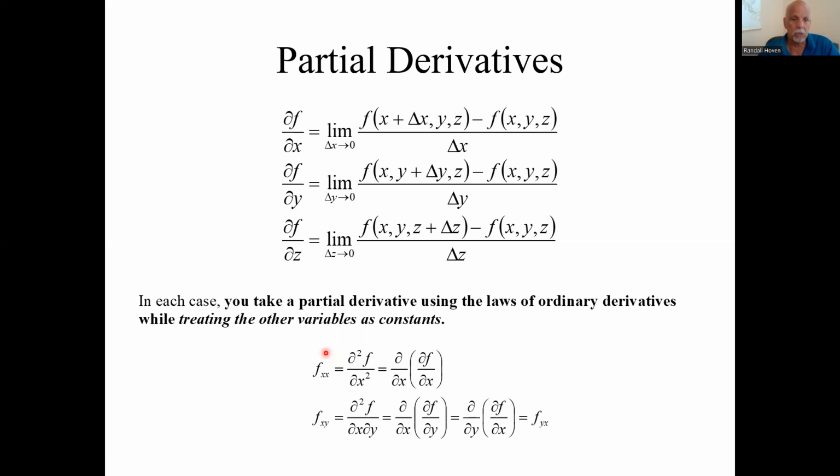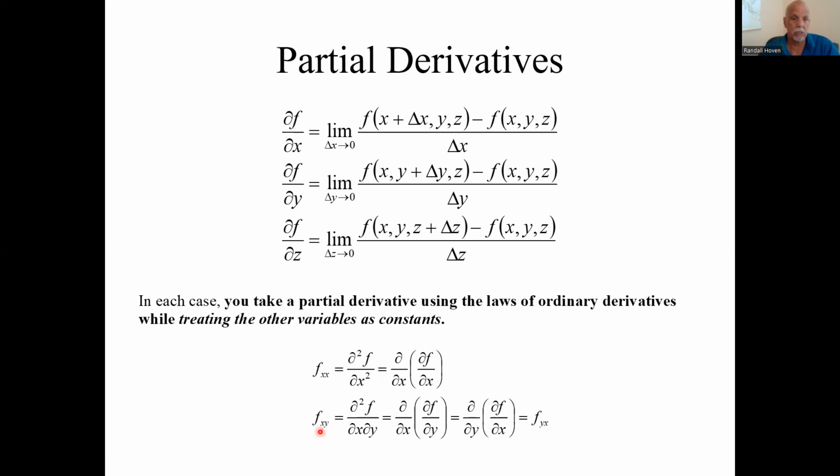And here I'm introducing some other notation for partial derivatives. This is the function f, its derivative with respect to x and then x again, or the second derivative of f with respect to x. So this notation means this. And you do that by taking the partial with respect to x of the first partial with respect to x.